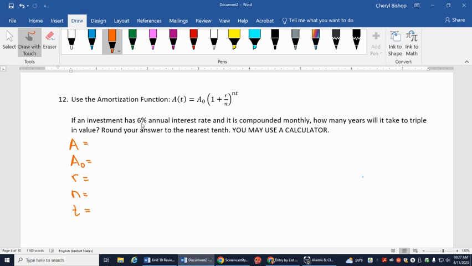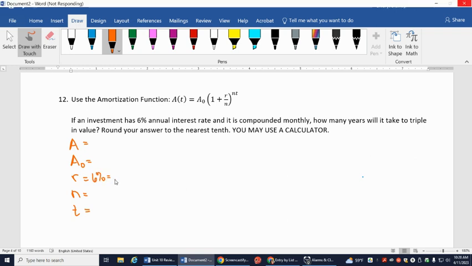An investment has a 6% annual interest rate. Where does that go? R. And when we put it in the formula, we're going to put it as point, oops, my computer's thinking. Give it a moment.